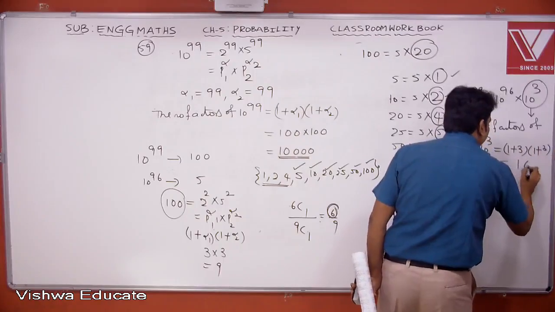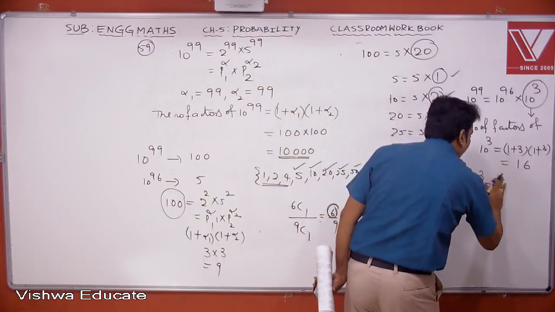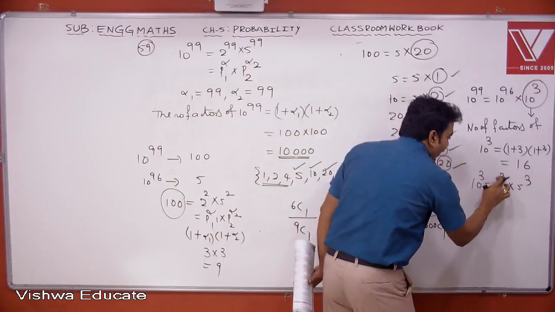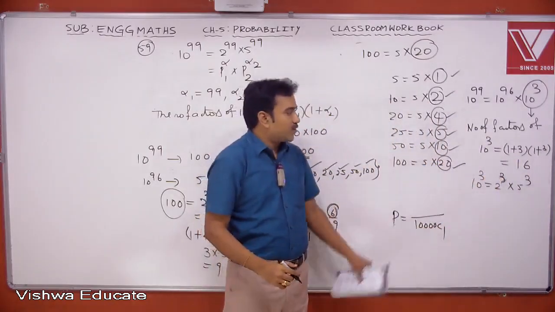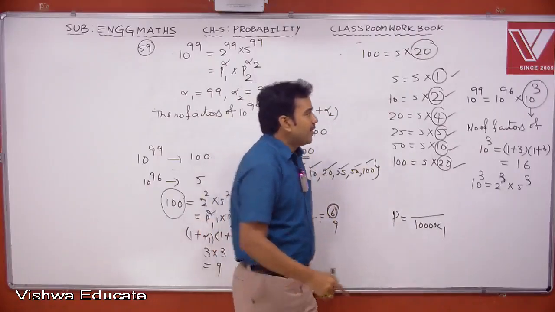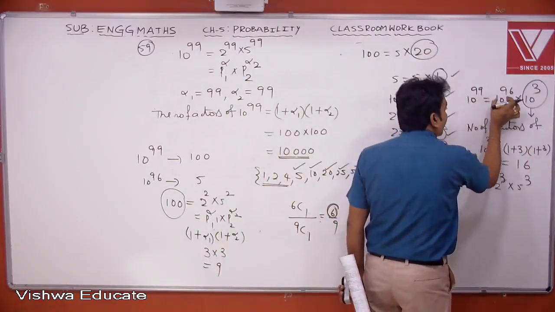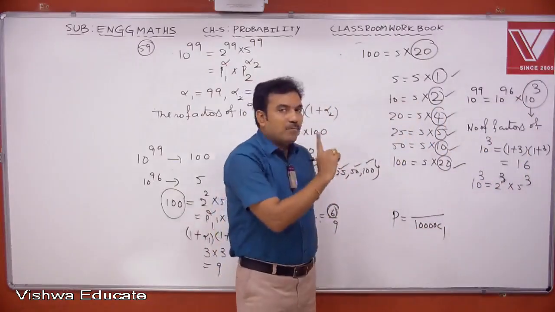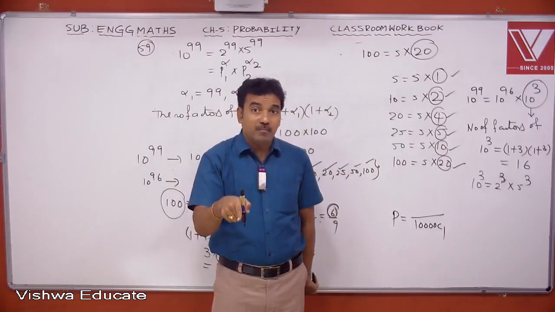So this is 16, because the prime factorization of 10 cube is 2 cube into 5 cube. Here the value of alpha 1 is 3, alpha 2 is 3. So the total number of factors of 10 cube is 16. Therefore I can replace 10 cube by 1. But I am not saying that 10 power 99 is 10 power 96 into 1. But 10 power 96 is a factor of 10 power 99 which is a multiple of 10 power 96.